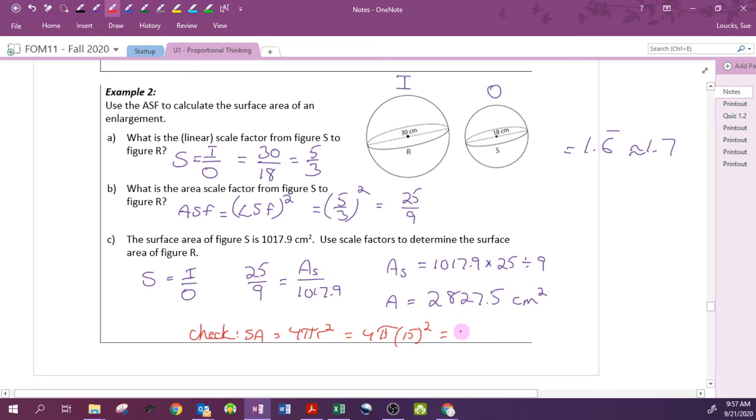So that comes out to 2827.4 centimeters squared. So that's good. You always have rounding errors when you have pi involved. You're not required to do that check. I just always do. Yeah. Nice. Okay, one more example.